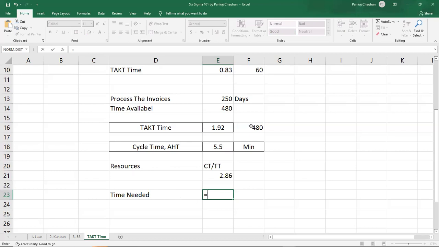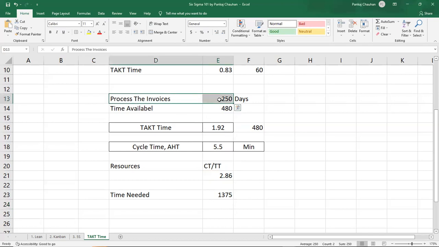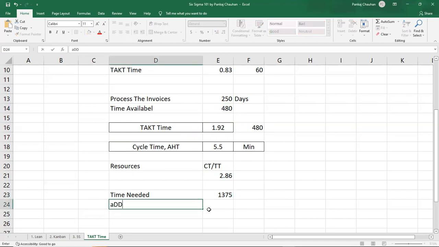As of now, the time available is 480 minutes, and you need 2.86 times that. So if you have to process all these 250 invoices within 480 minutes, when the cycle time of the invoice is 5.5 minutes, then the total time you need is 1375 minutes. Current time is 480, needed is 1375. So how much additional do you need?